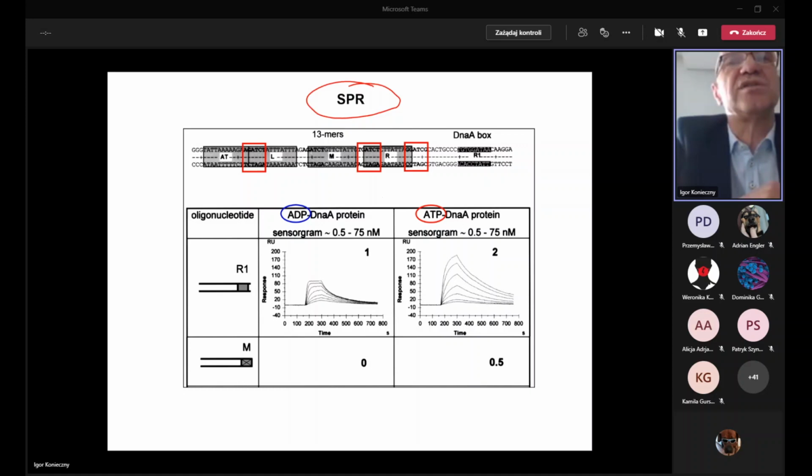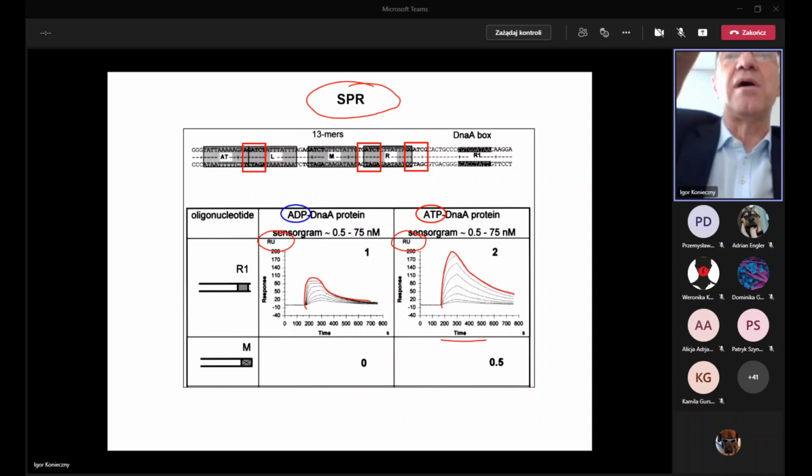You see that depending on the sequence of the attached nucleotides, we can identify the resonance signal. This is a resonance unit, and this shows the mass distribution in time of the interaction of a protein in ADP and ATP form.